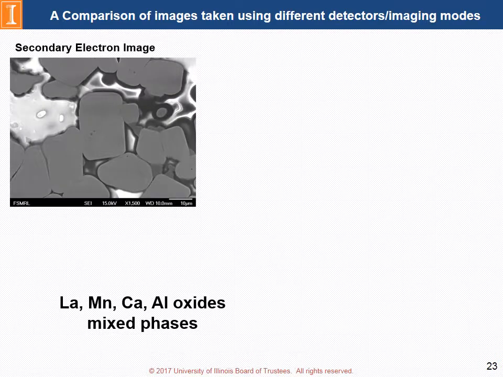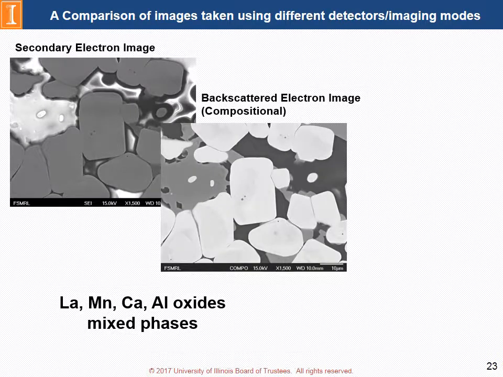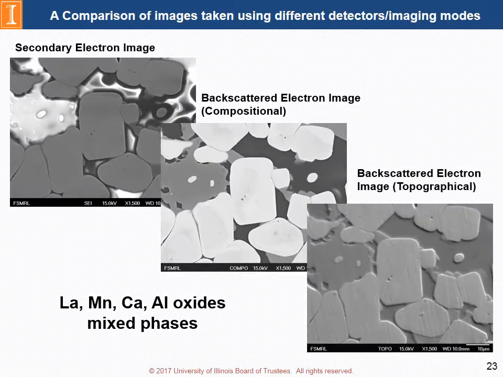A comparison of the images taken using different detectors or image modes: secondary electron image, backscattered electron compositional image, and backscattered electron topographic image.